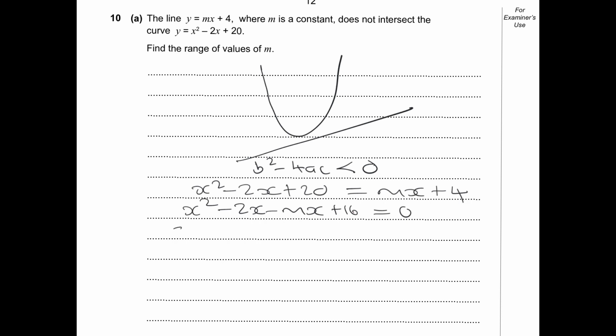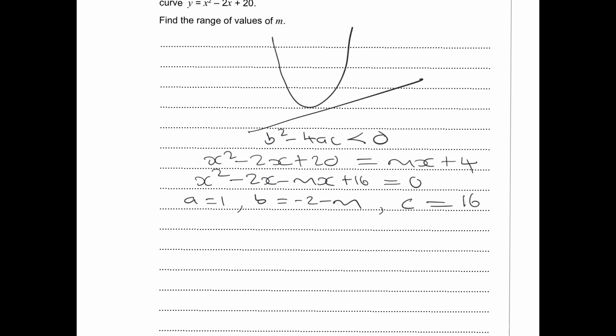What is our a? Our a is equal to 1. Our b is equal to negative 2 minus m. B is specifically the coefficient of x, and then our coefficient of x squared is our a. All right, and then our c is the constant one. What is our constant here? It's 16.